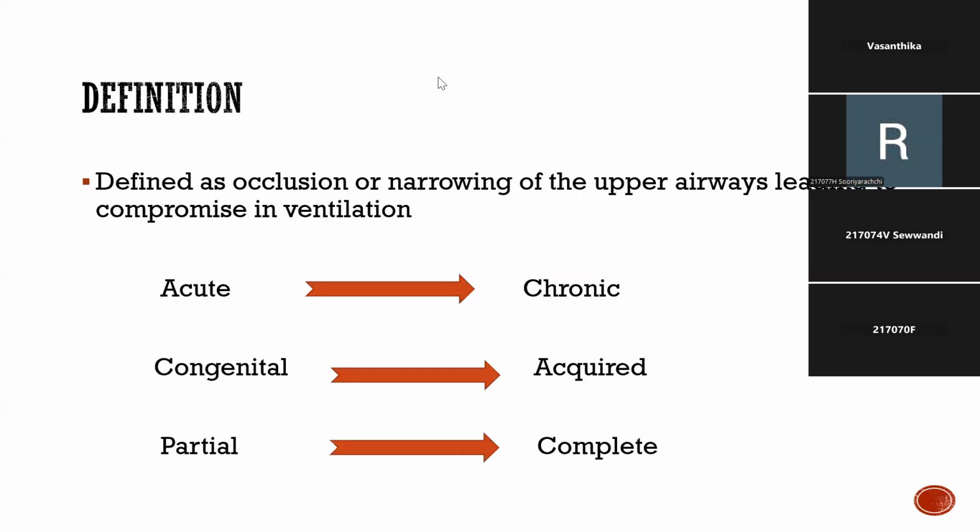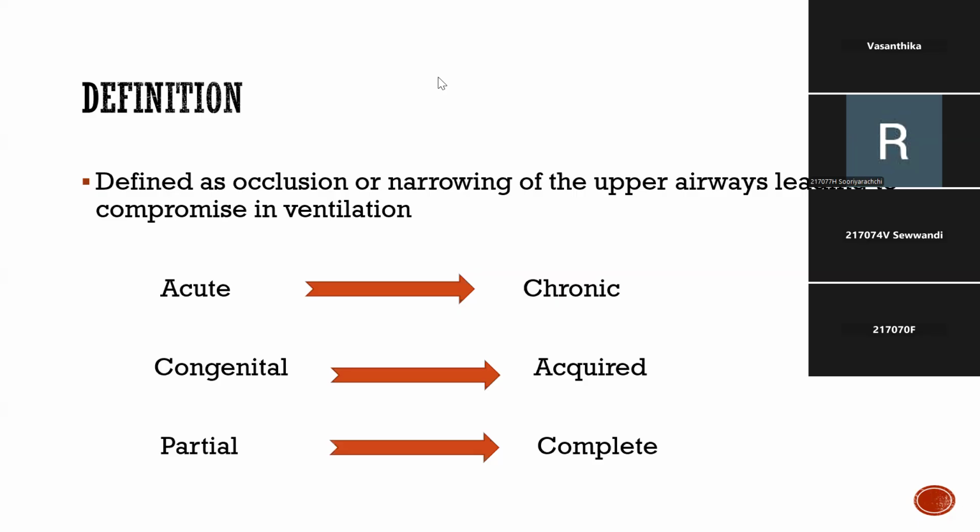So this is a very important area that you have to know: acute airway compromise. Acute airway compromise is narrowing of the upper airway leading to compromise of ventilation. That means adequate air is not coming into the patient's lungs.